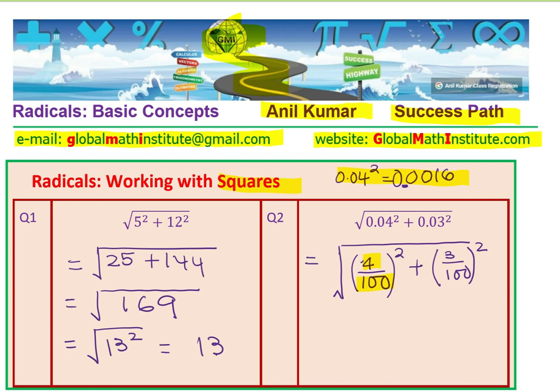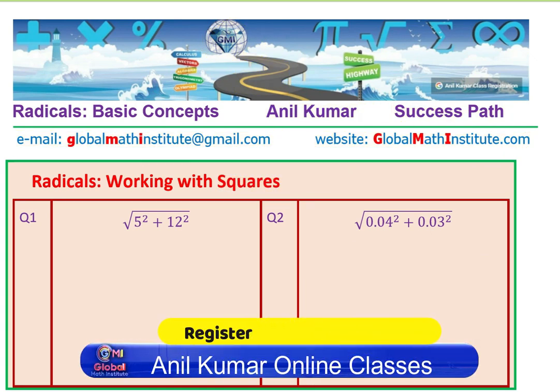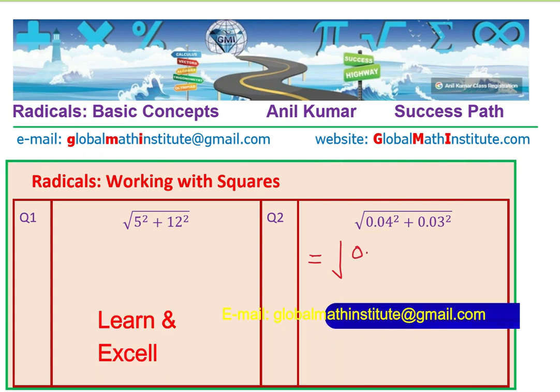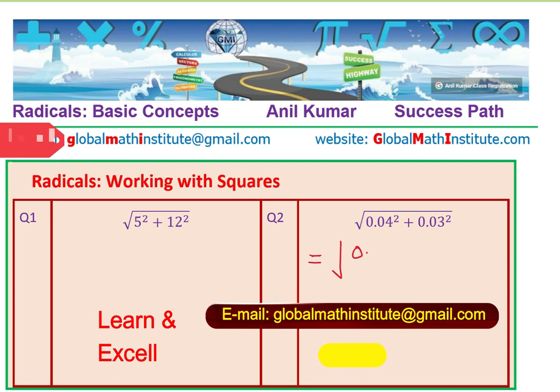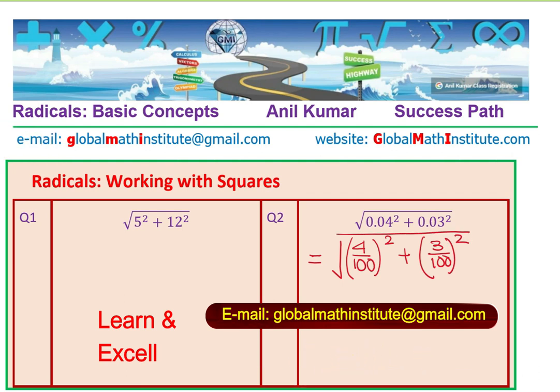Okay, so let's continue with this solution on a new page. Now what I did was that I wrote this decimal number 0.04 as 4 over 100 and squared it. Similarly, I wrote this as 3 over 100. You see, I'm putting the whole number and then squaring as required. Is that clear to you?